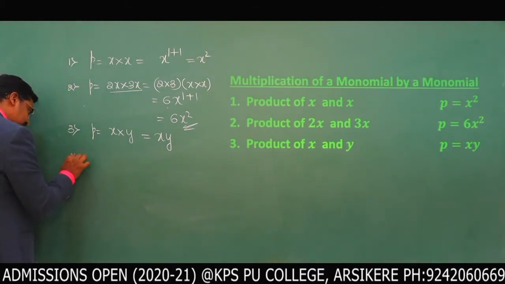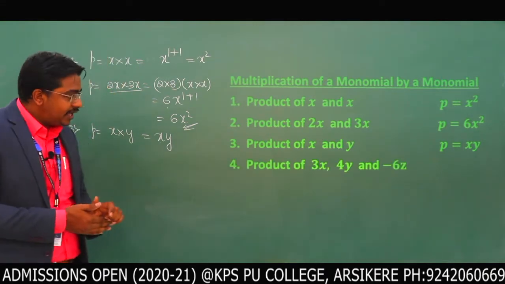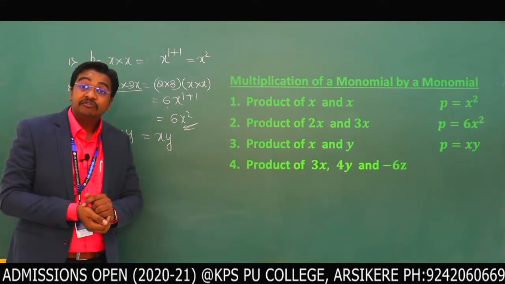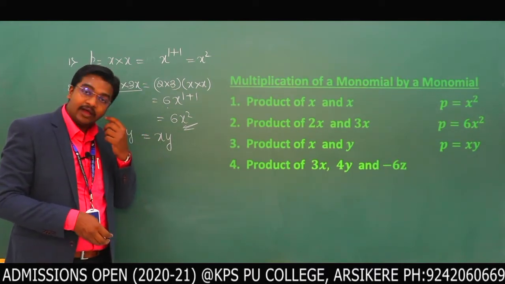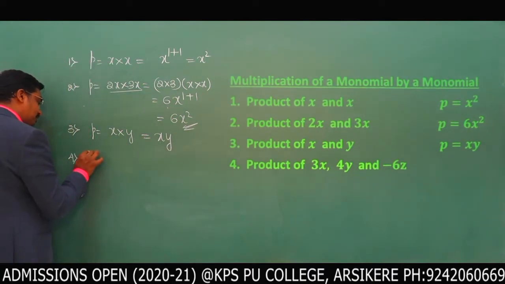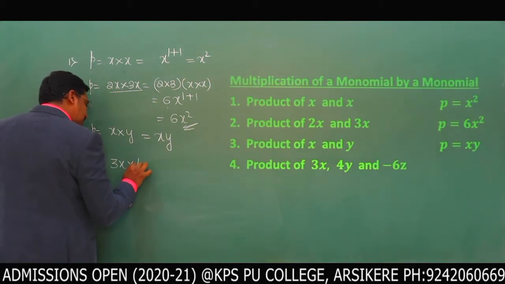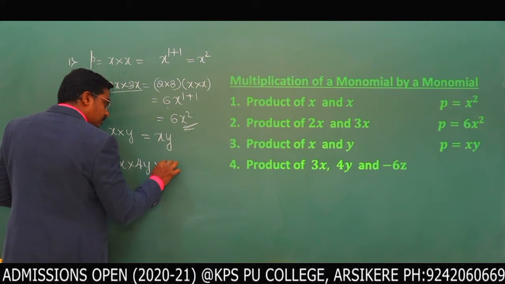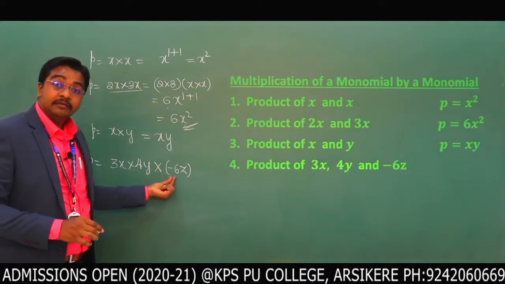Fourth one. Product of 3x, 4y and minus 6z. That becomes P is equal to 3x into 4y into minus 6z. Whenever you get a negative sign, use the bracket.